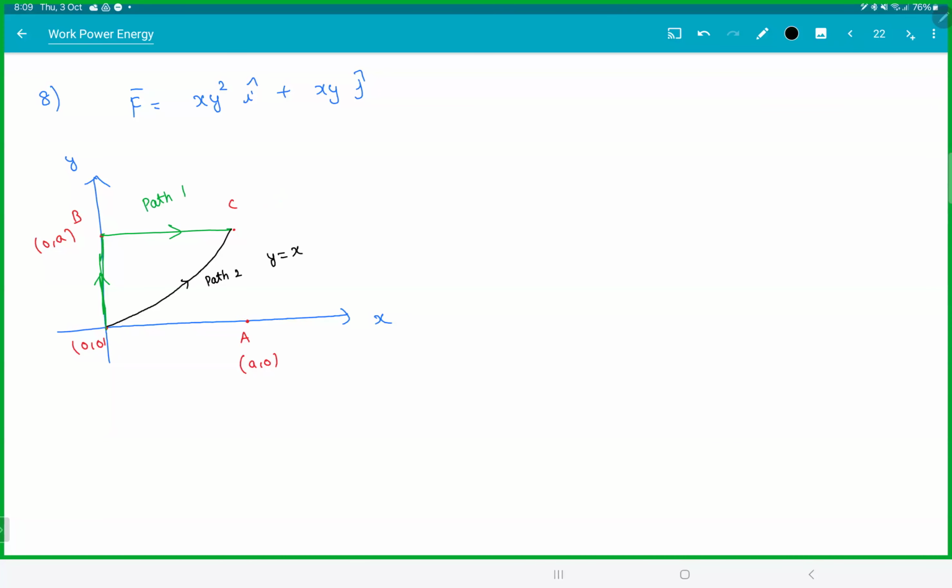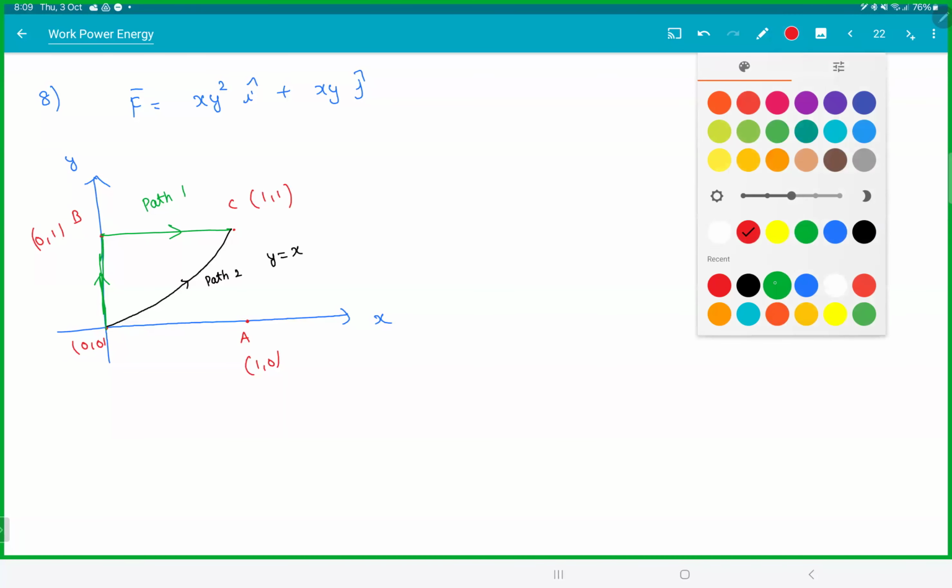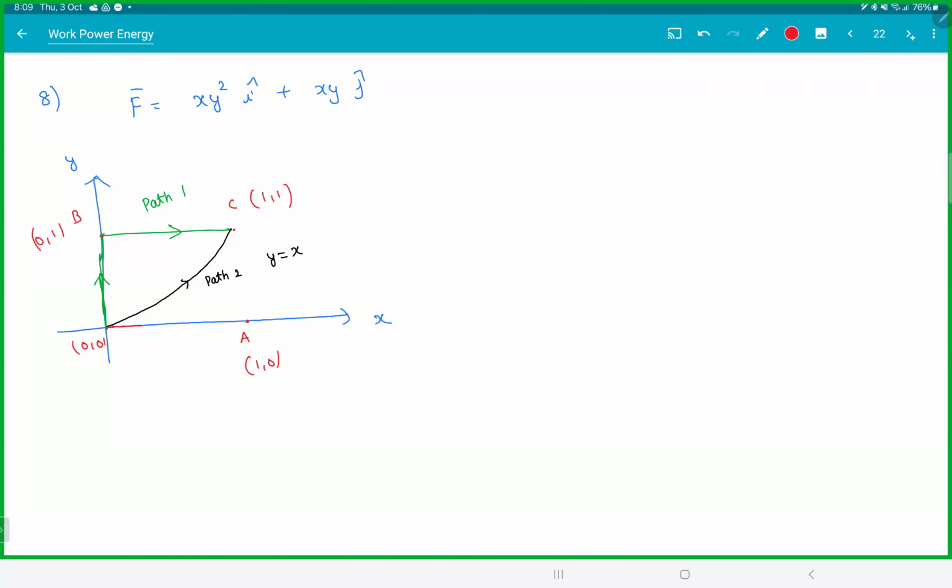Let me just give you coordinates. Let this be 1, 1. This would be 1, 0, and this be 0, 1. And that path is y is equal to x square. This like this is path 3. So there are 3 paths you can go. Find the work done by the force.